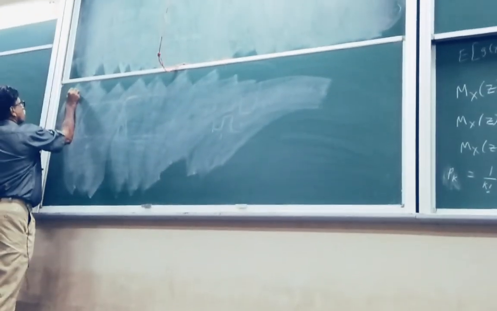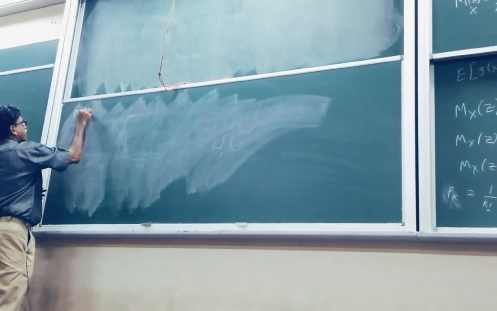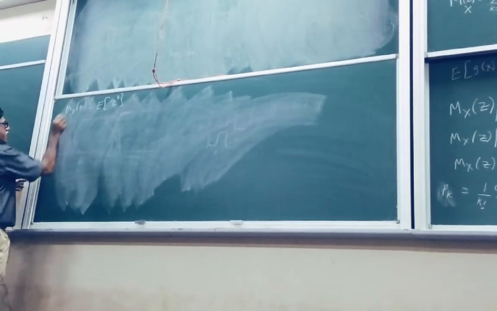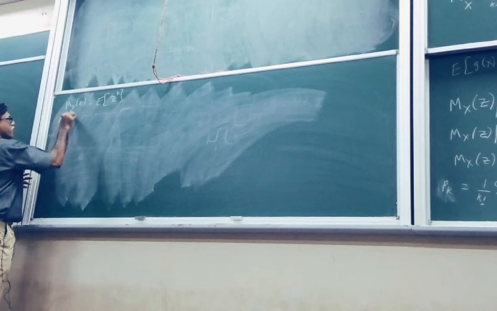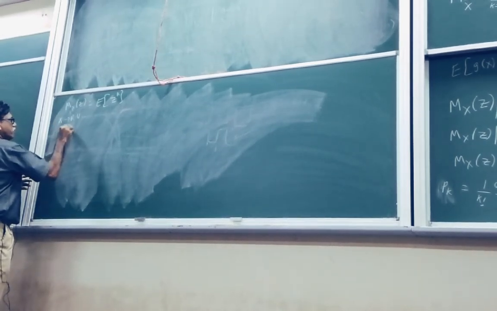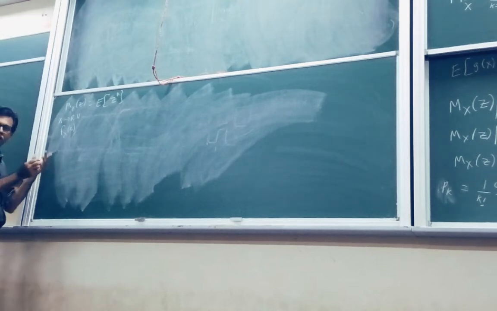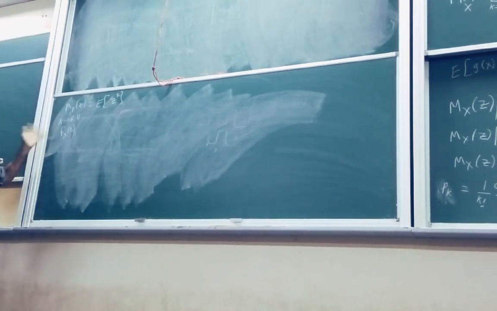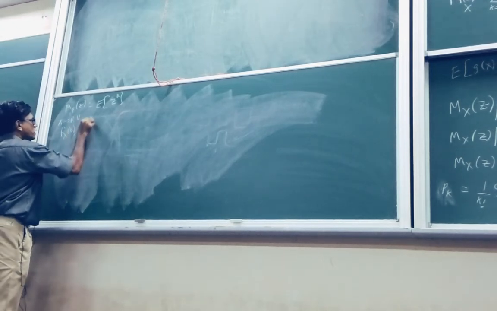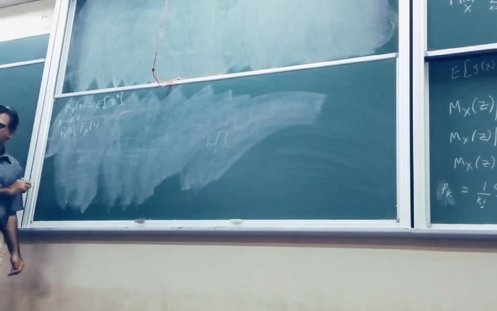Other important properties is, suppose, so what is the mx of z? We will write it as expectation of z power k. We have for any random variable x, fx of x, the probability mass function, or probability density function in general, and of course the cumulative distribution function.